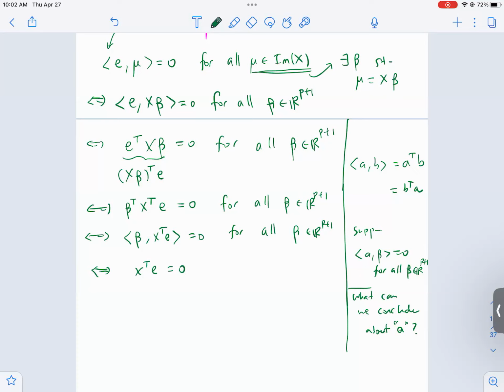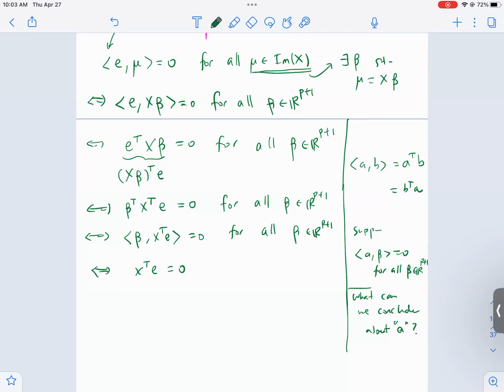So the argument is simple. I'll just give you the argument; you can think about it yourself. Just plug in 1, 0, 0, 0, the first basis vector. The inner product would just take the first coordinate of this, and so the first coordinate is equal to 0. Do it for the second coordinate and third coordinate. So all the coordinates are going to be 0. Just plug in different betas; different betas could be different basis vectors.